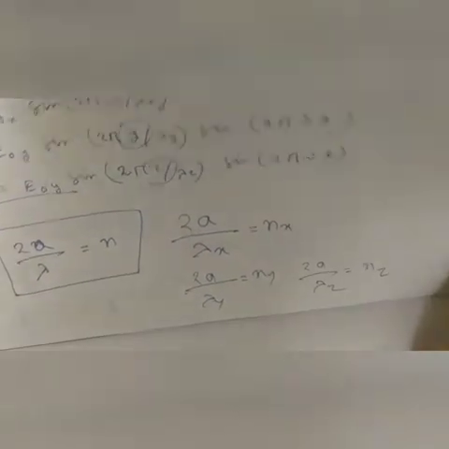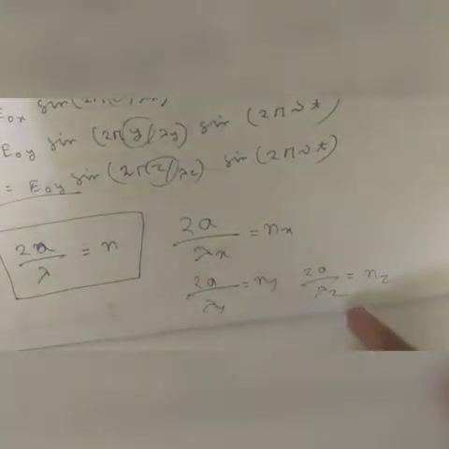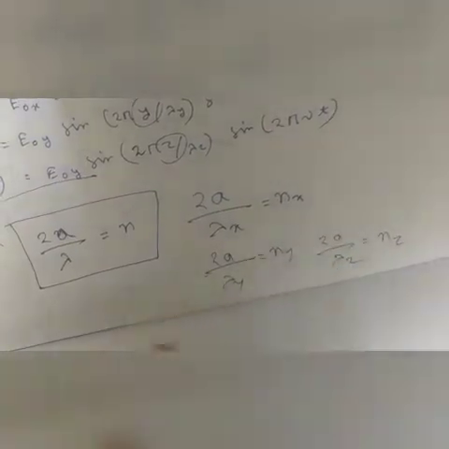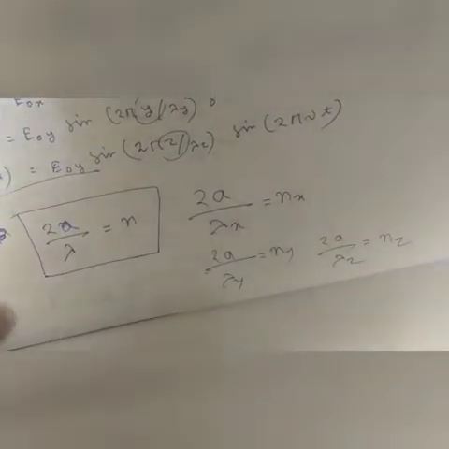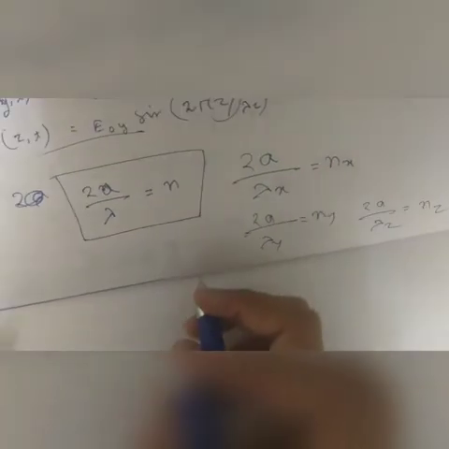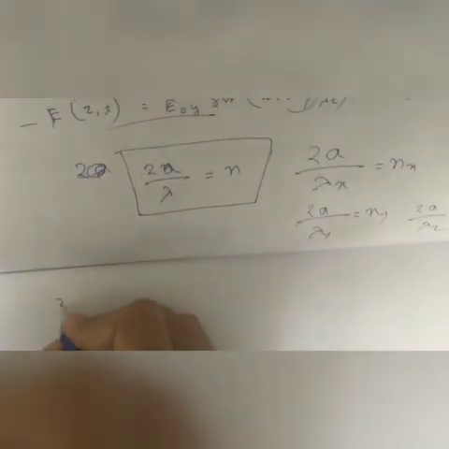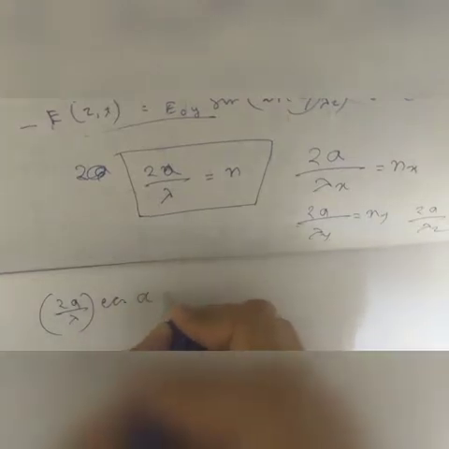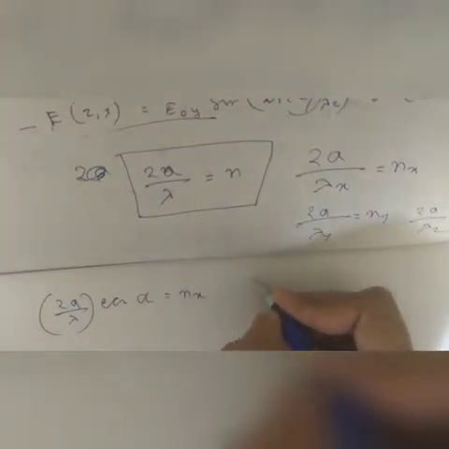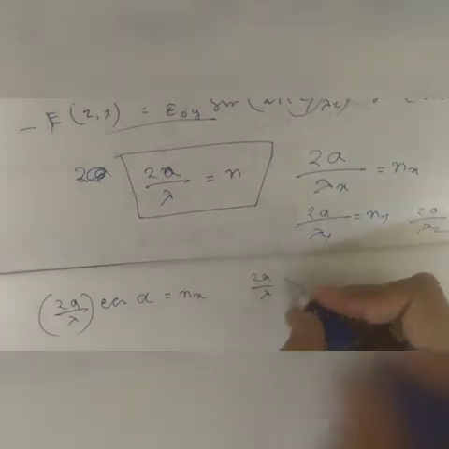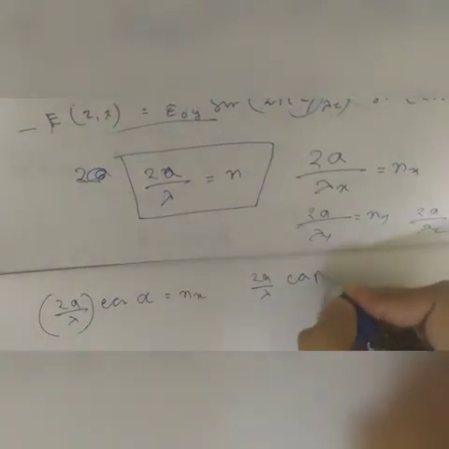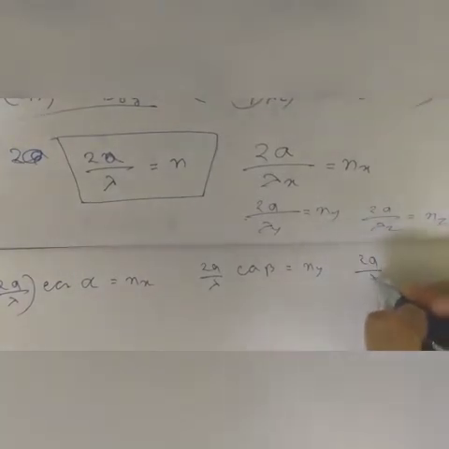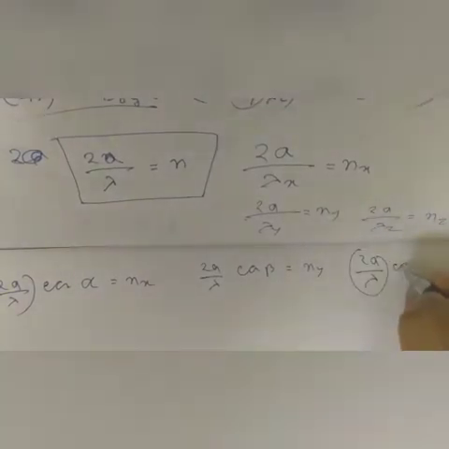Now we will write lambda x, lambda y and lambda z in terms of lambda. These three equations become 2a by lambda into cos alpha equals nx, 2a by lambda cos beta is equal to ny, and 2a by lambda into cos gamma equals nz.